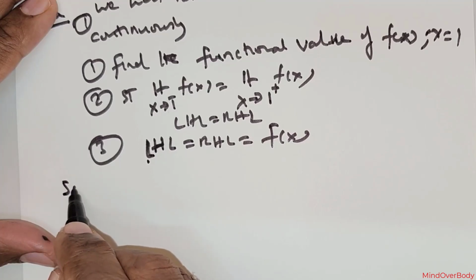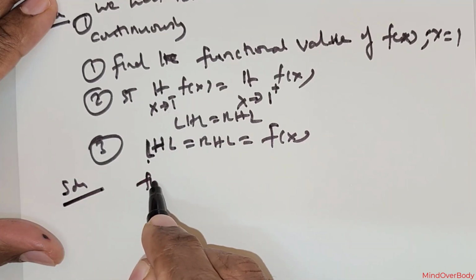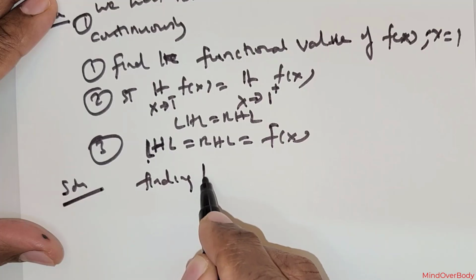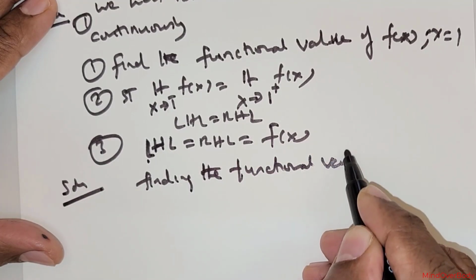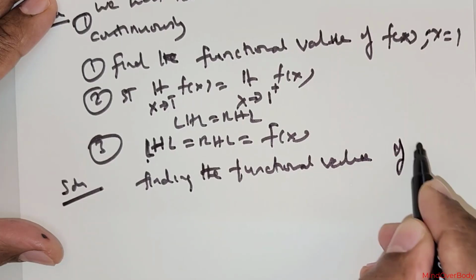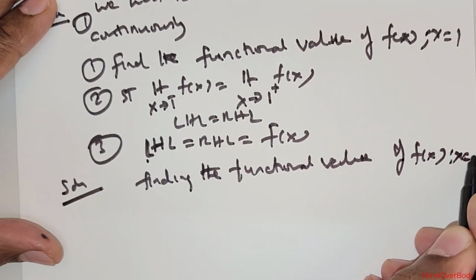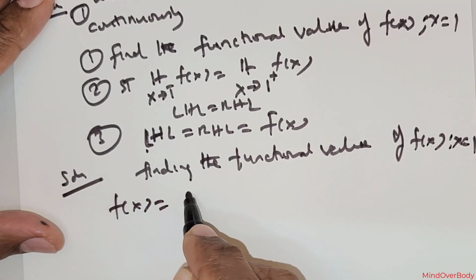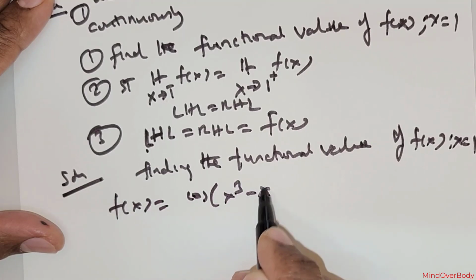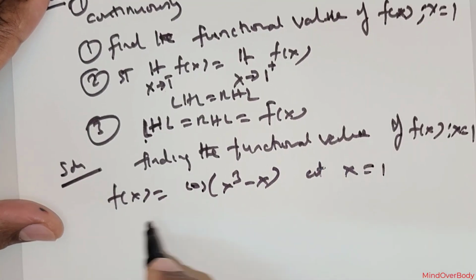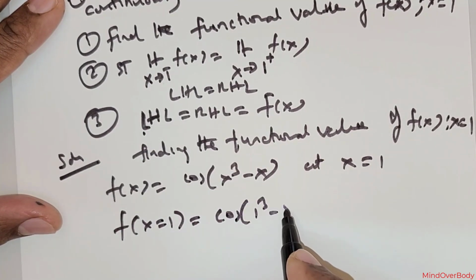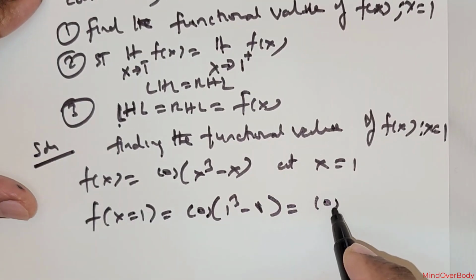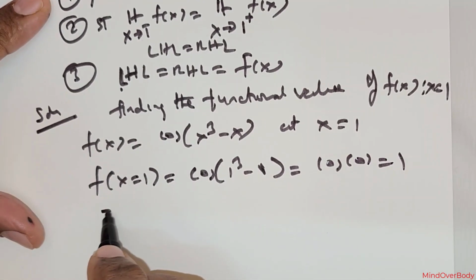So foremost, let me start with finding the functional value of f(x) at x = 1. We are given f(x) = cos(x³ − x). At x = 1, we got cos(1³ − 1), which is nothing but cos(0), which is equal to 1.